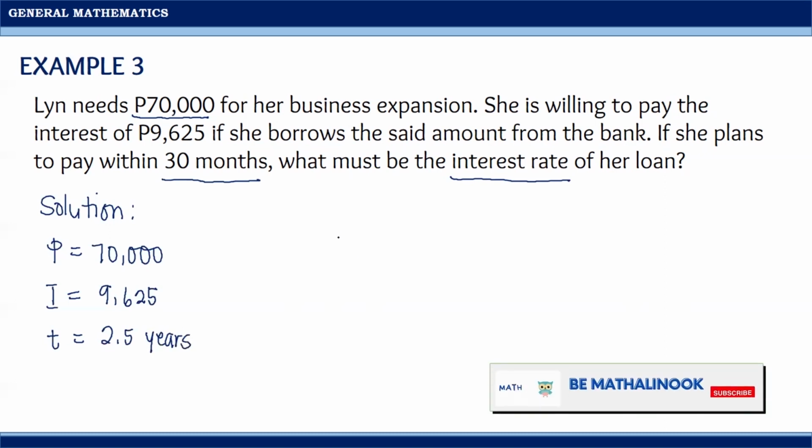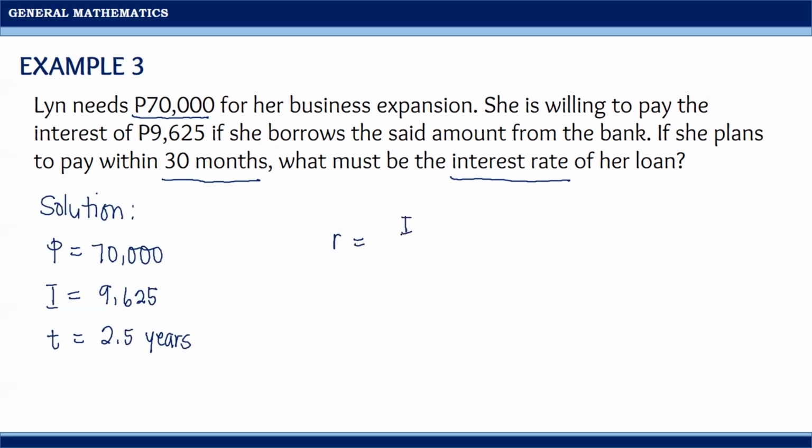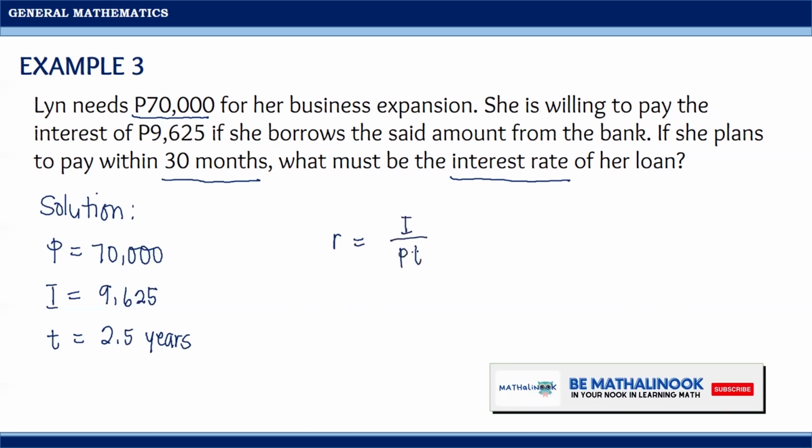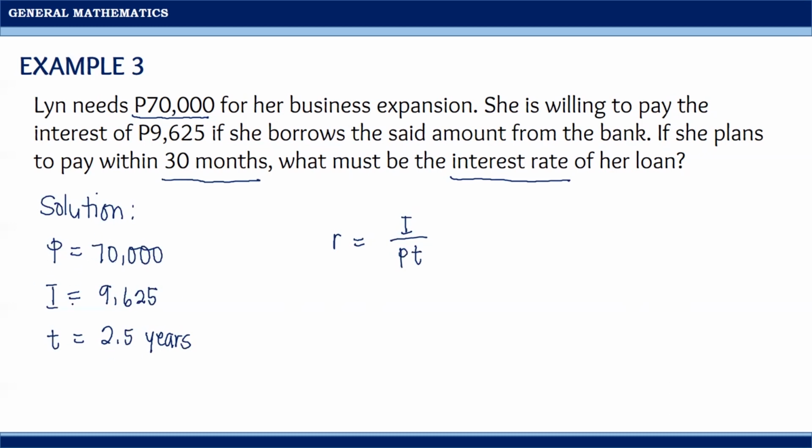In solving for the rate, remember that the formula for R is equal to I divided by P times T. Since we have P, I, and T in our given, we simply need to substitute these values into our formula. So we have 9,625 divided by 70,000 times 2.5.